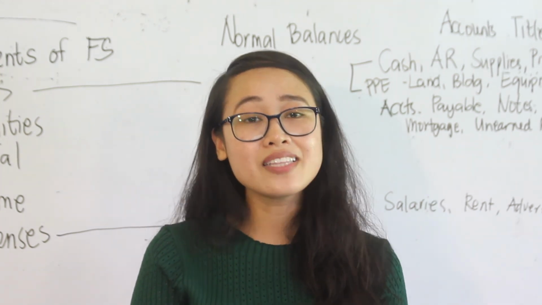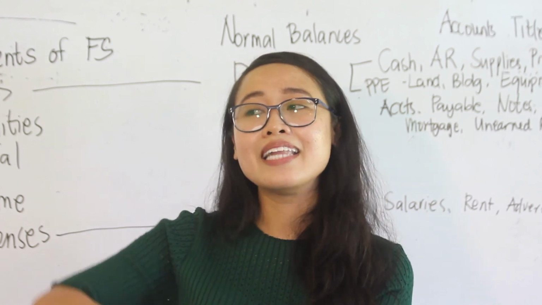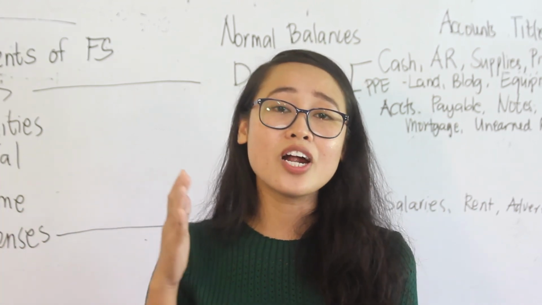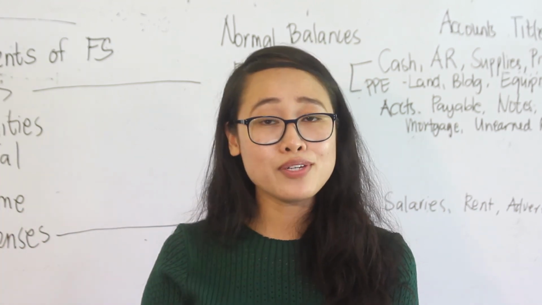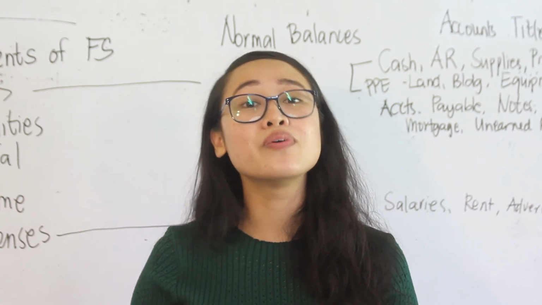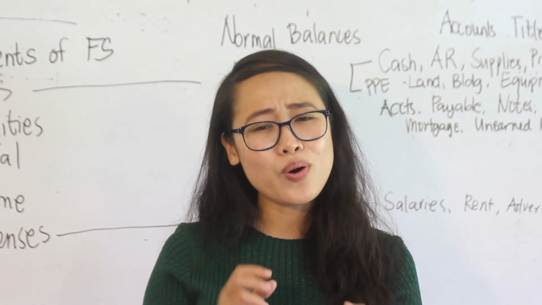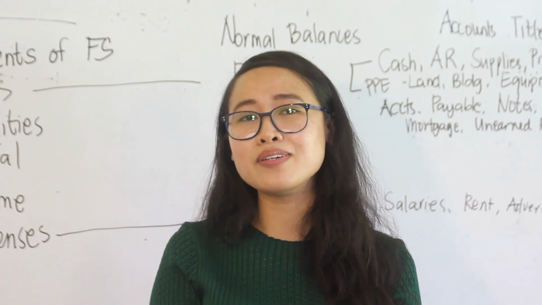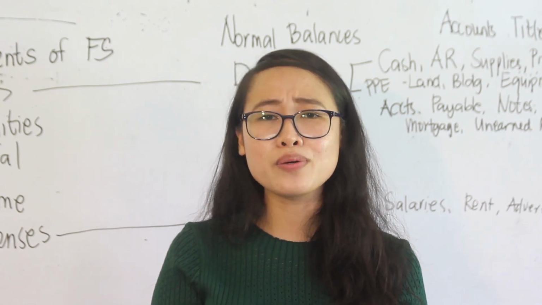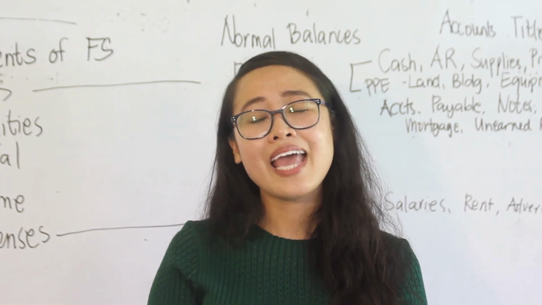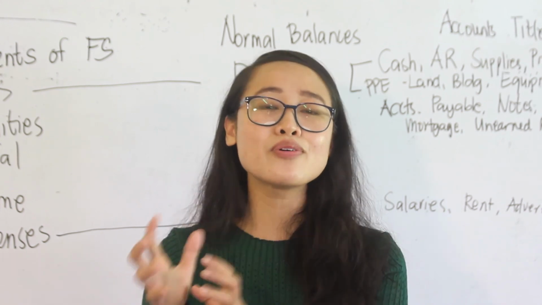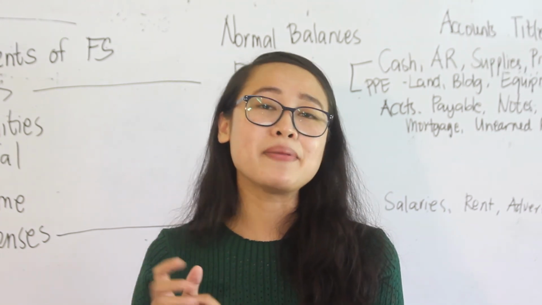So at the end, or at the beginning of the next accounting cycle, all our expenses and our revenues are at 0 amount. All those accounts in the income statement are closed. They must have 0 balances, and the profits will be closed back to the capital account.